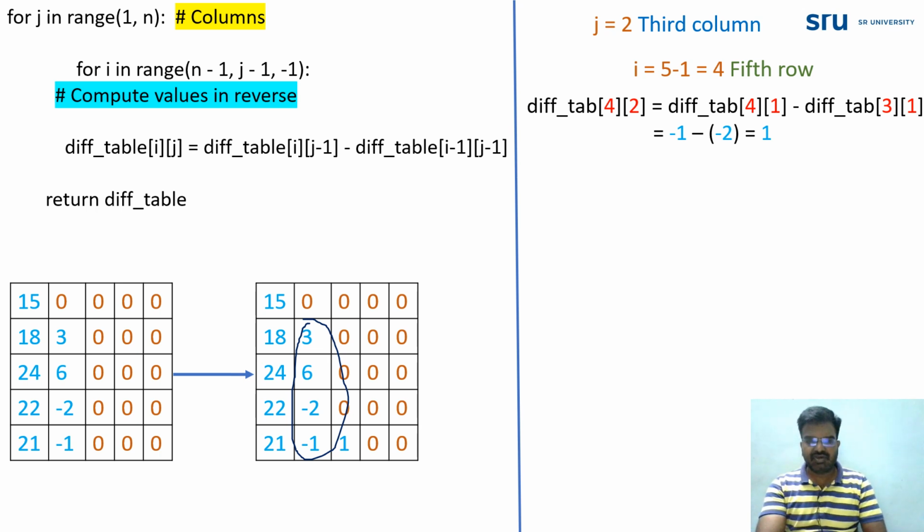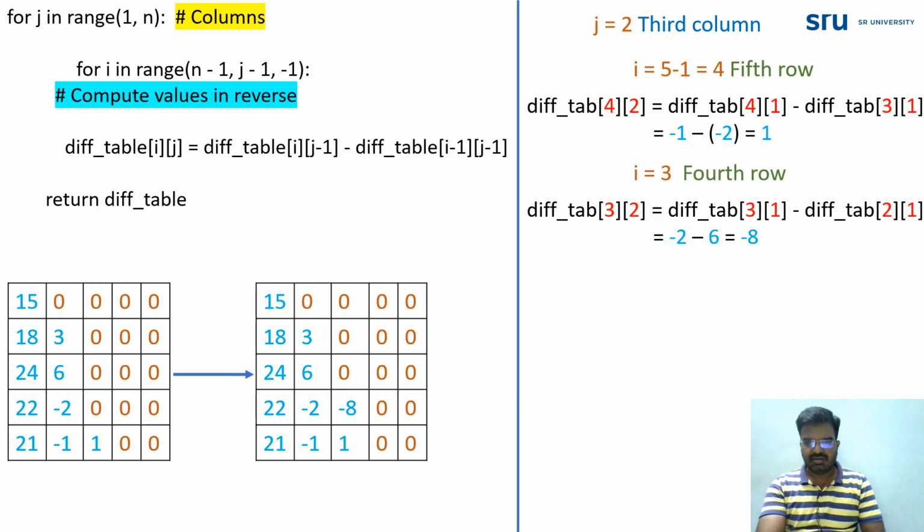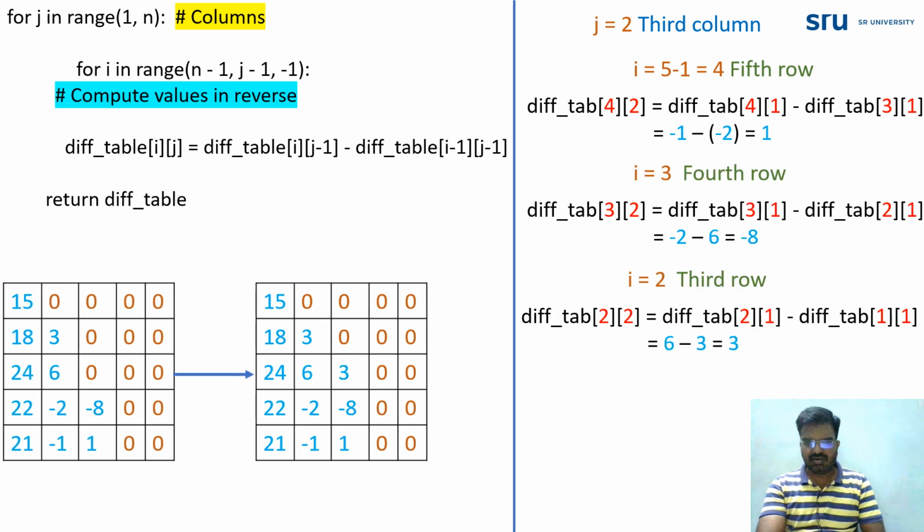Again in the third column, we have to fill values from the last row. See, we are filling the values from the last row. Already we discussed how i takes the values. You can observe that we are in the third column, and we are filling values from the last row.